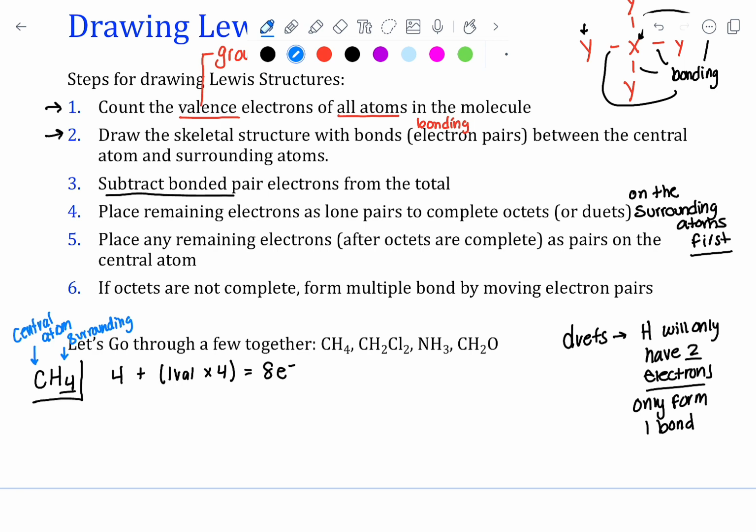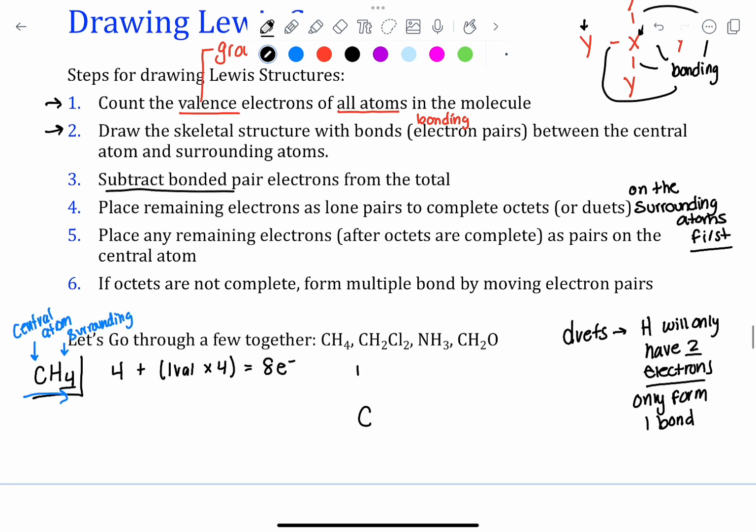Hydrogen can never be a central atom. So sometimes we have structures where H comes first. That will not be a central atom. So we typically read from left to right, and that's the way we look at these. So central atom is first, and then surrounding atoms come second. So our central atom here is carbon, and the surrounding atoms are then hydrogens.